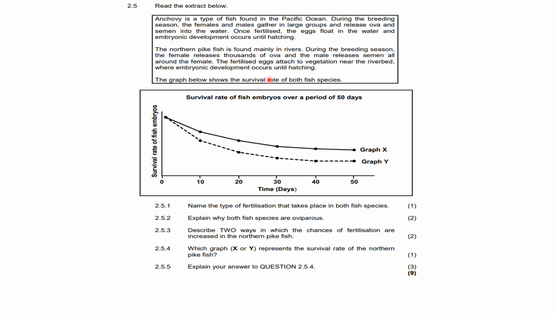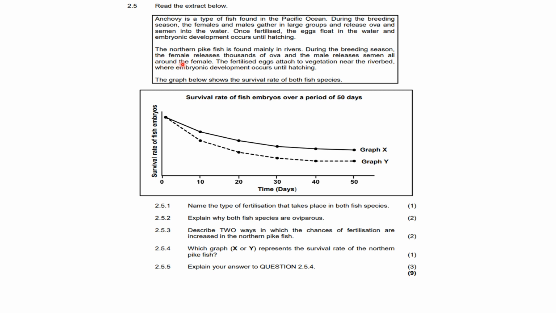Okay, so this one shows us external fertilization because the eggs and the ova are released and fertilization occurs outside the body of the female. Okay, and it also shows us oviparous reproductive strategy because egg laying takes place and the developing embryo develops outside the body of the female.